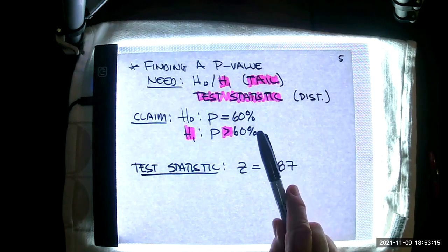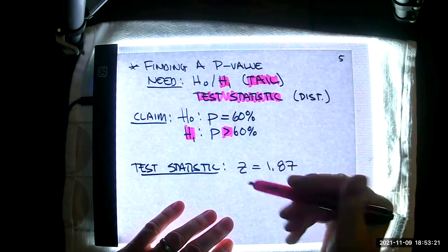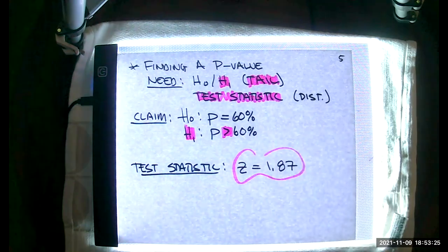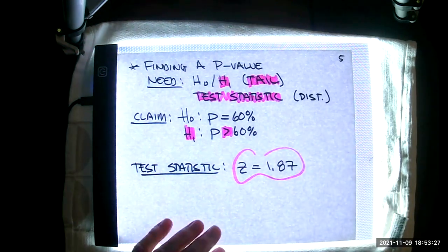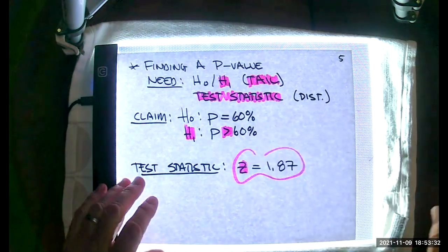I need to determine the type of test, left tail, right tail, or two tail. Then I'll need to plot my test statistic on a distribution, the Z distribution, and then we can go from there.